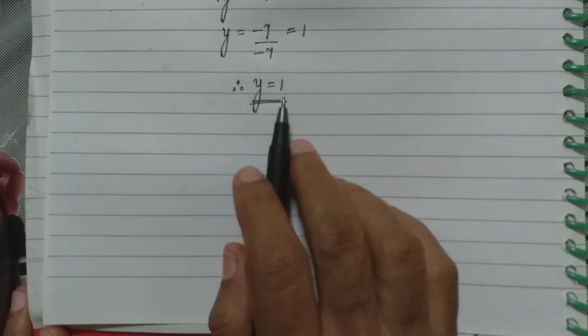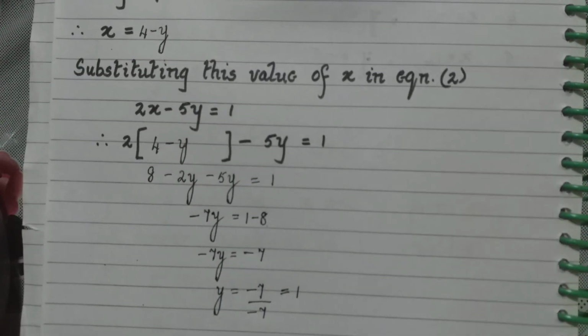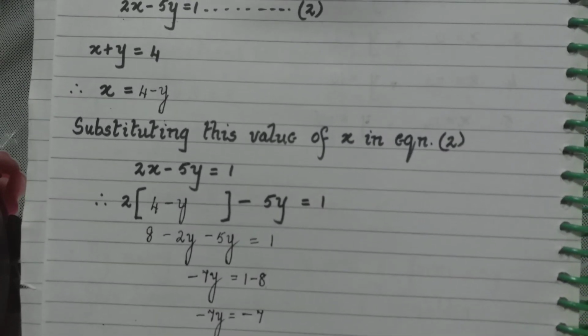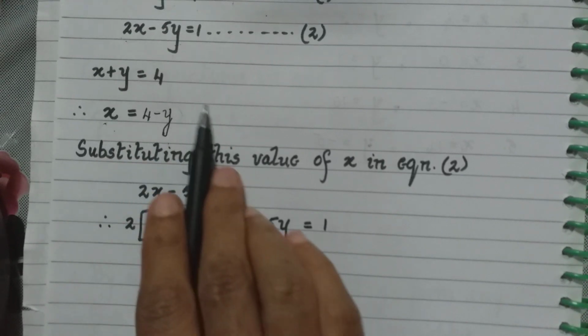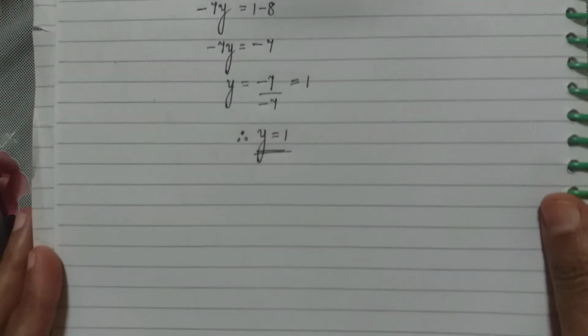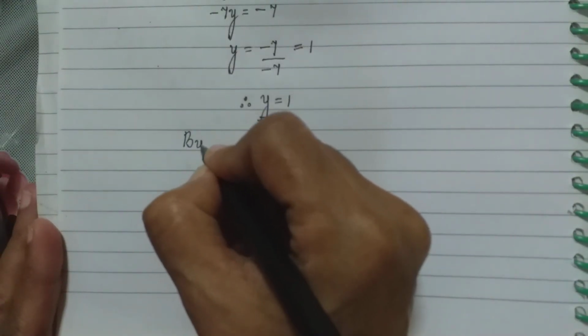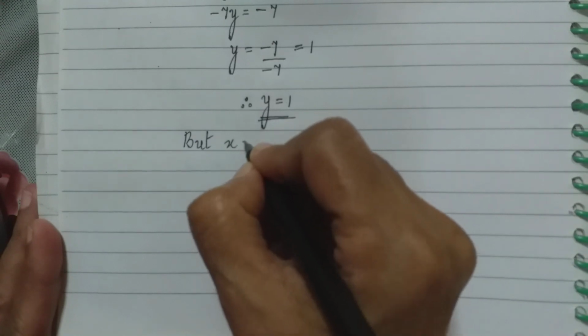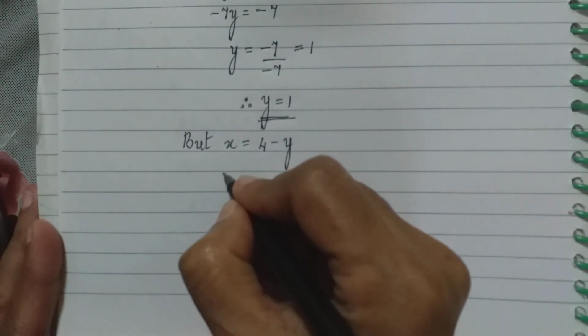We have got this value of y as 1. Now we put this value of y, which is 1, here in x is equal to 4 minus y. Okay, so I'll write x equal to 4 minus y.